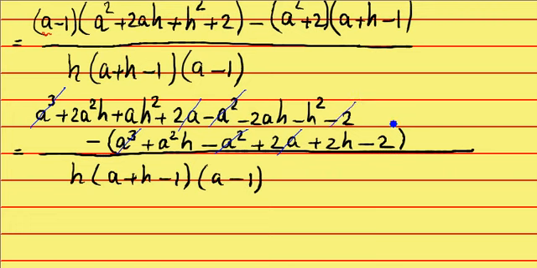This 2 and this 2 cancel out. The other ones, we have a squared h here and another a squared h here. We might as well go ahead and combine them, see what we have. A squared h, 2 of them here minus 1 of them here, that's going to make a squared h. So I have by now taken care of these two.